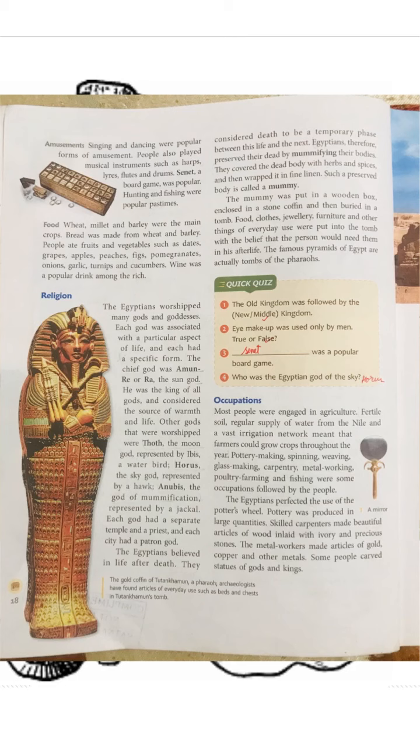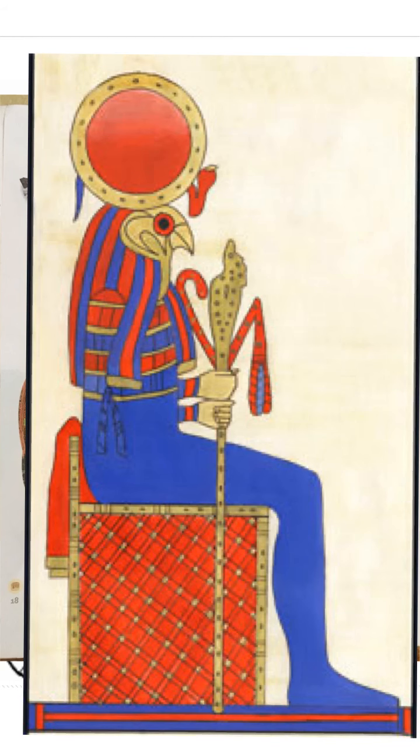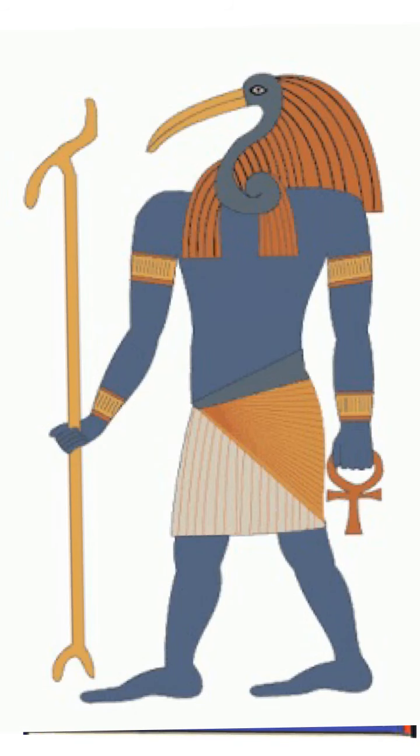Egyptians worshipped more than 2000 gods and goddesses, and each one of them was associated with life and each had a specific form. For example, this image is of Amun Ra. He was known as the sun god and also the first pharaoh of the world. This is Thoth. He was known for his calculating ways and originally functioned as a moon god.